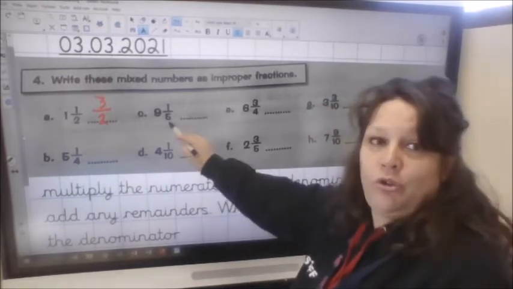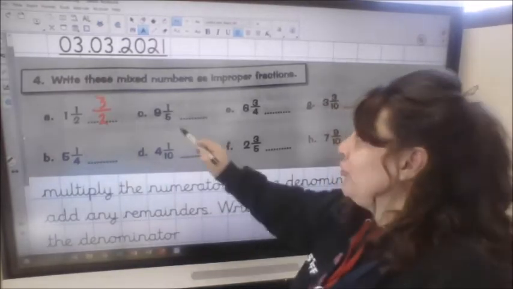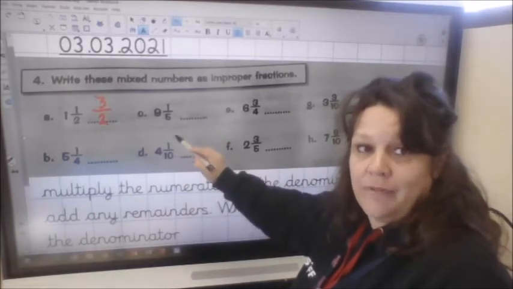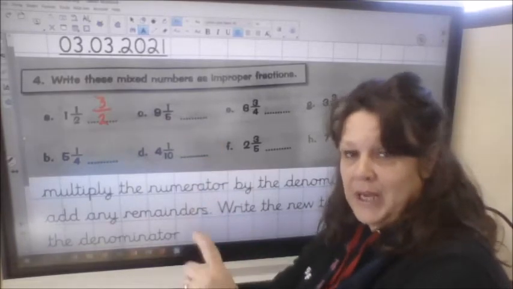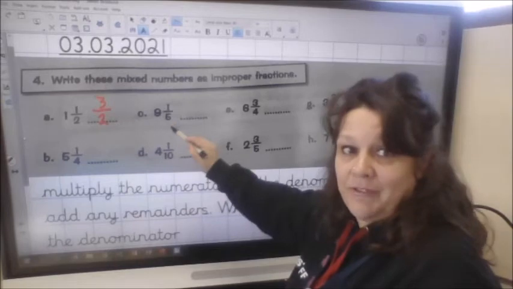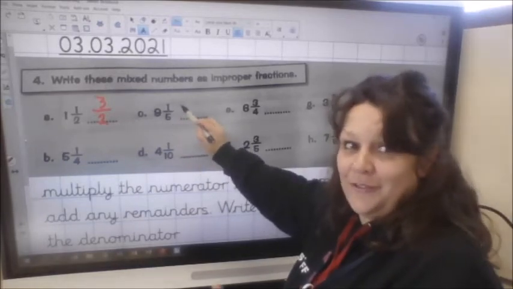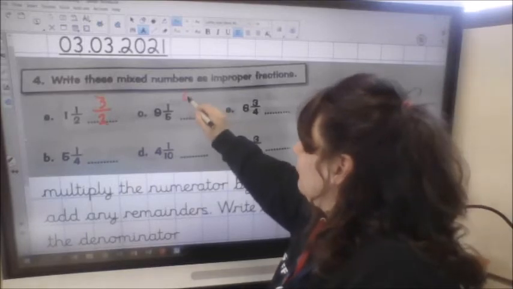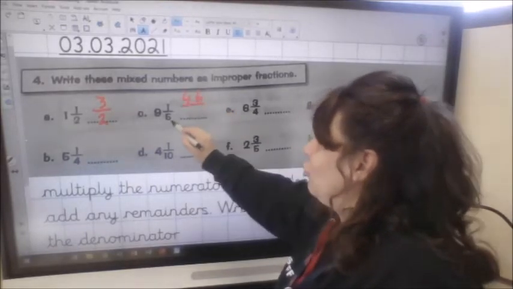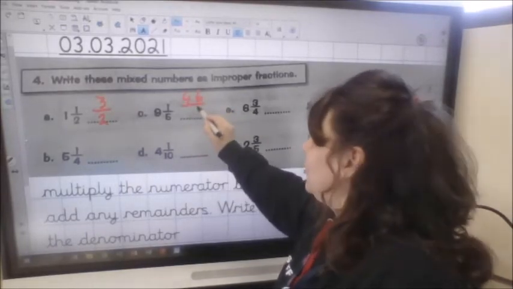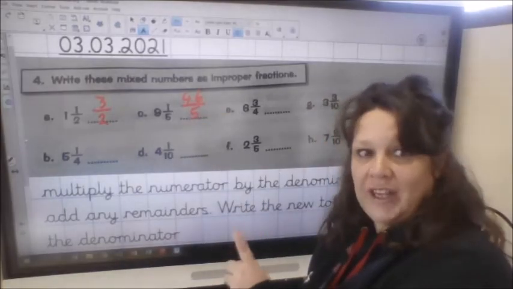Okay, I'll do C. So 9 times 5, I multiply the whole numbers by the denominator. So 9 times 5 is 45, plus 1 is 46. So I've got 46, and then it's all over 5, which is my denominator there. So 46 fifths.